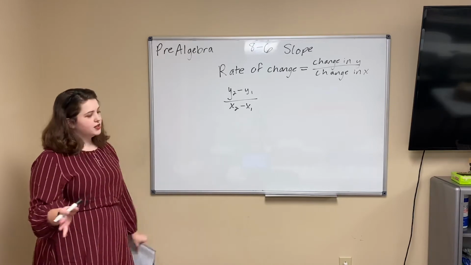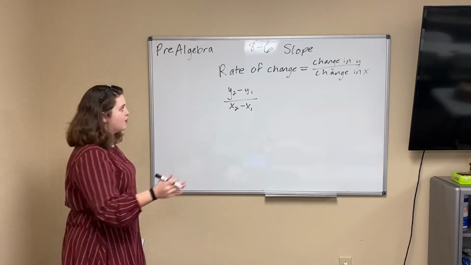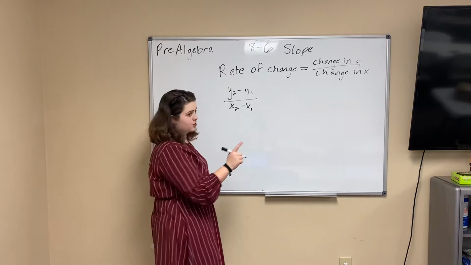Now another way that we're going to use to describe that moving forward in 8-6 is with the word slope.